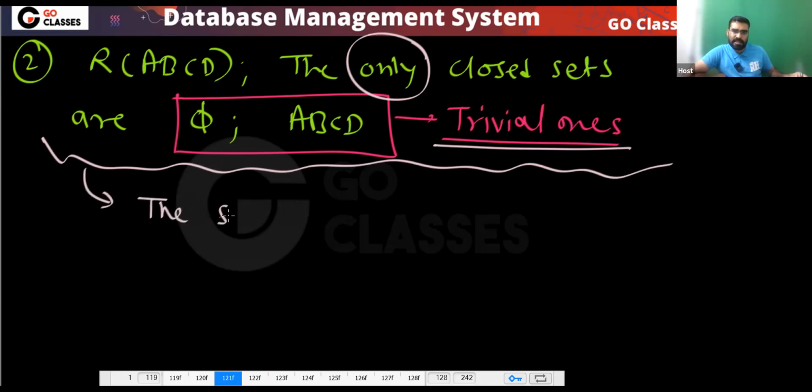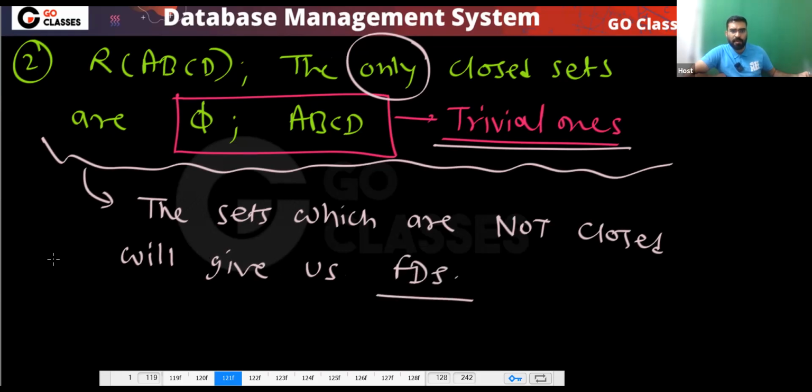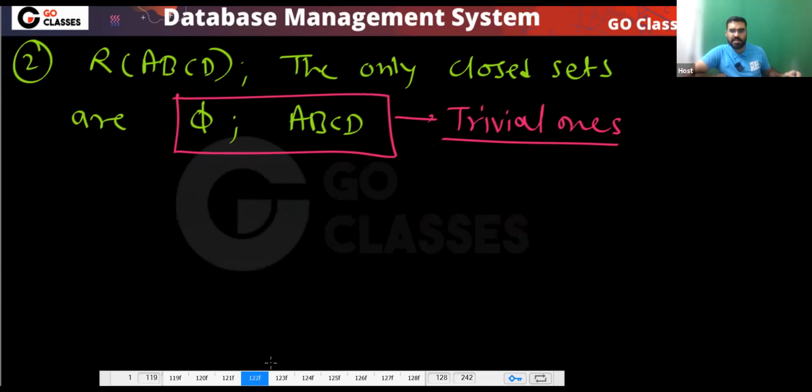Remember, the sets which are not closed will give us FDs in this question, because the question is saying these are the only closed sets.